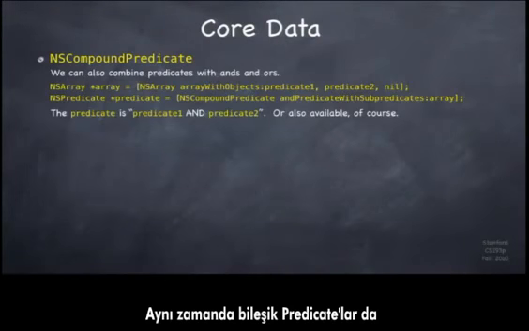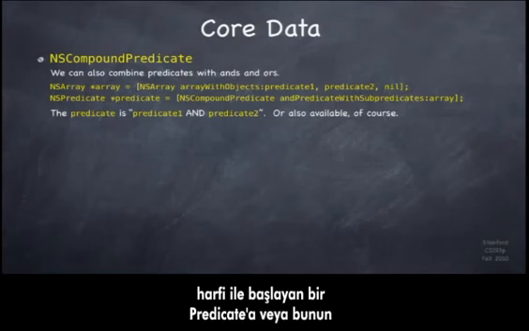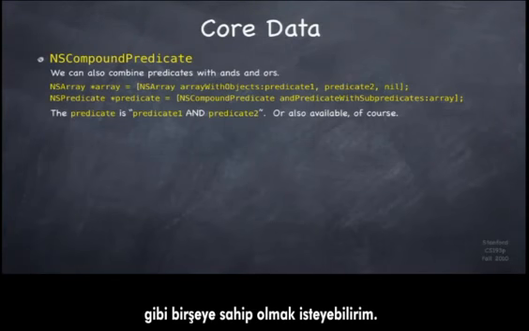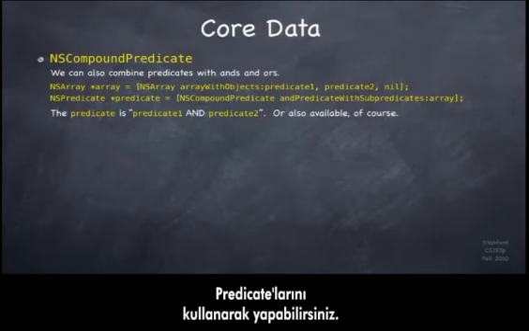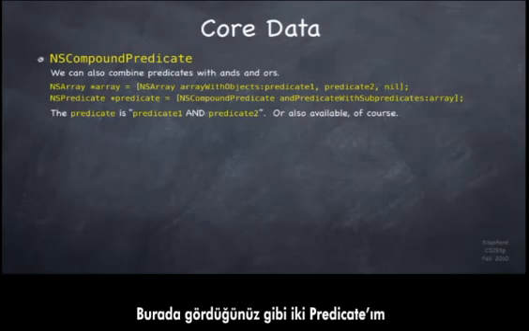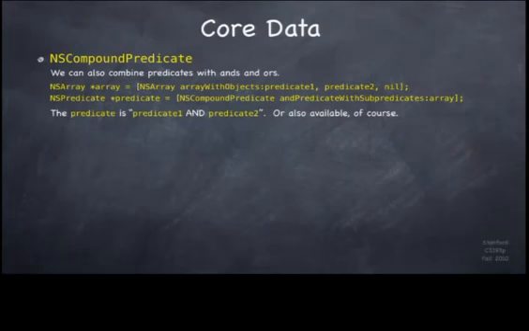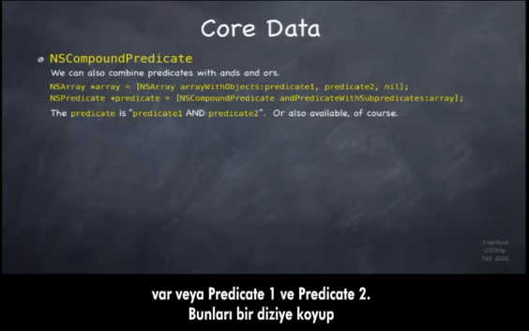You can also build compound predicates. So I might want to have predicates that the date is greater than this and the name starts with the letter A or something like that. And you can build those kind of compound predicates using these and/or predicates. So you can see here I have two predicates, predicate 1 and predicate 2. I put them in an array, and then I create an NSCompoundPredicate.